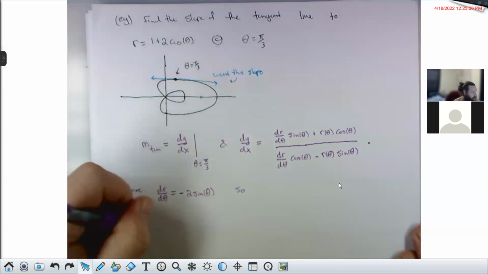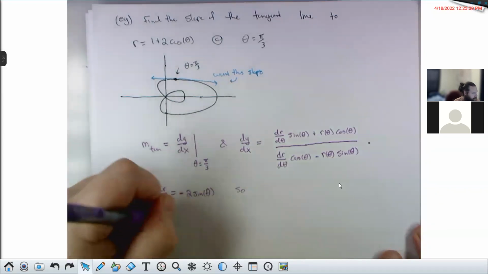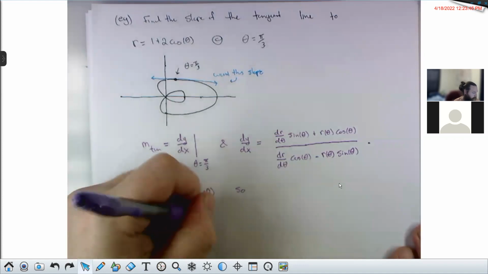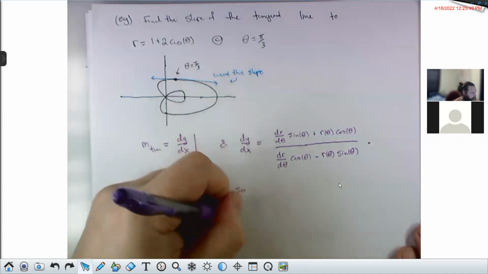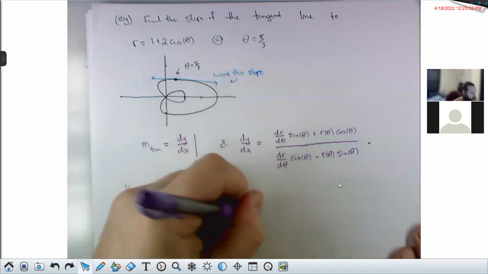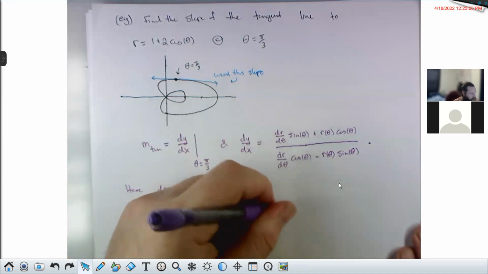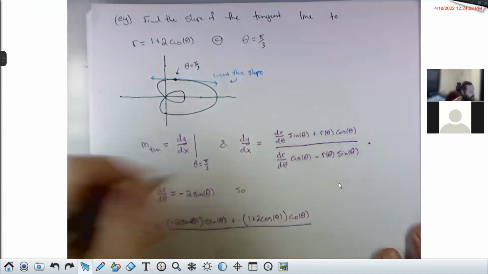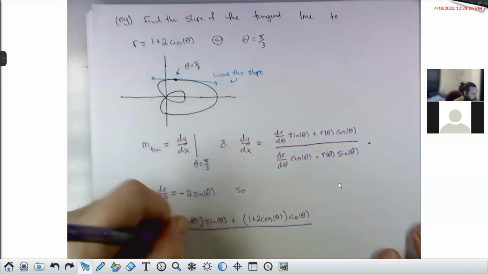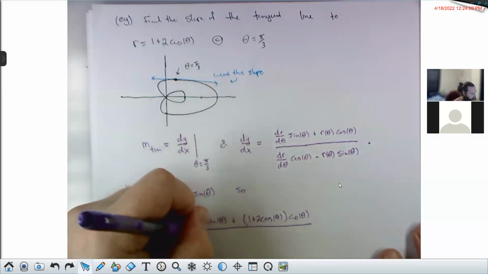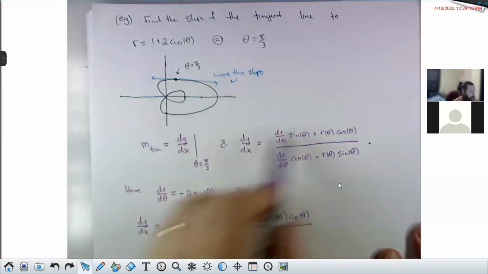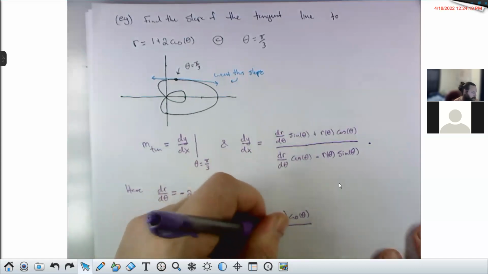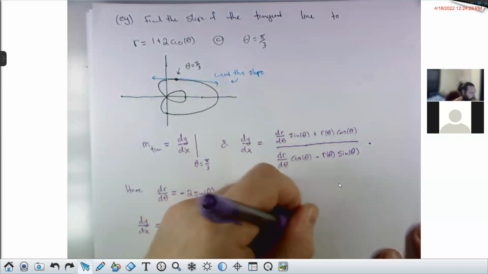So dy dx is negative 2 sine theta times sine theta plus r of theta, which is 1 plus 2 cos theta, times cos theta, all divided by dr d theta, which is again negative 2 sine theta times cos theta, minus 1 plus 2 cos theta and sine theta.